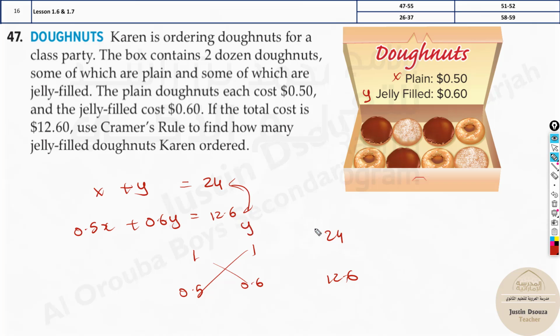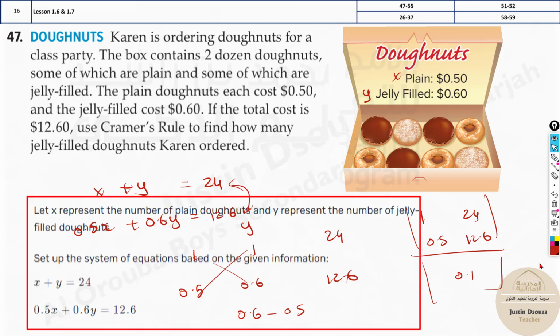Jelly filled is y. So all you need to do is 1, 24, 0.5, 12.6. That's it. Divided by the determinant of the coefficient matrix. That'd be 0.6 minus 0.5, it's 0.1. So divided by 0.1, over here you need to find the determinant and easily solve it up.